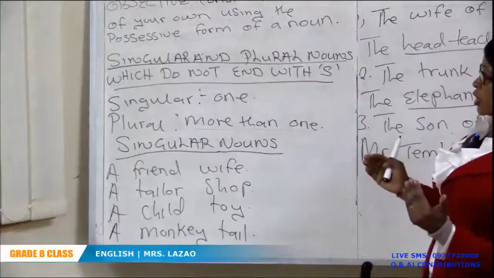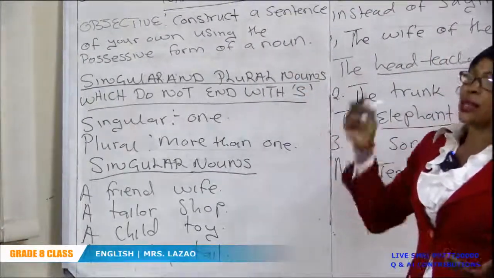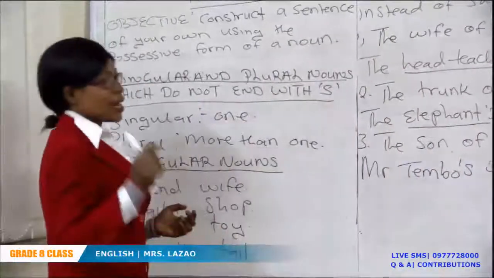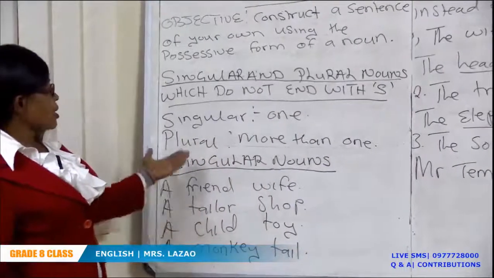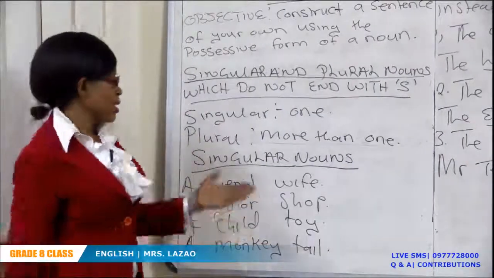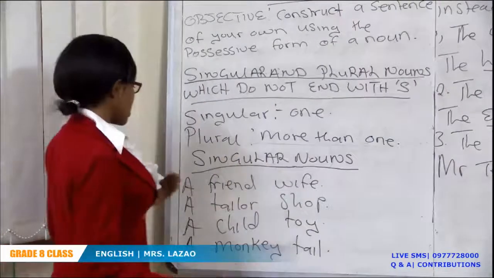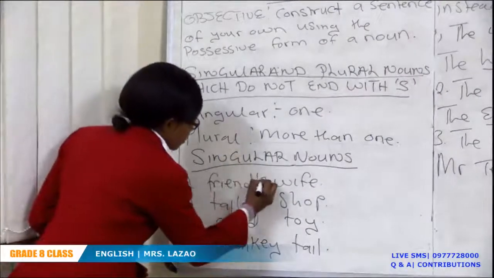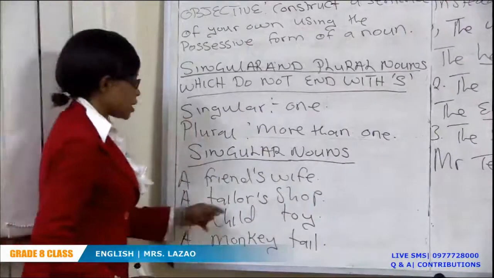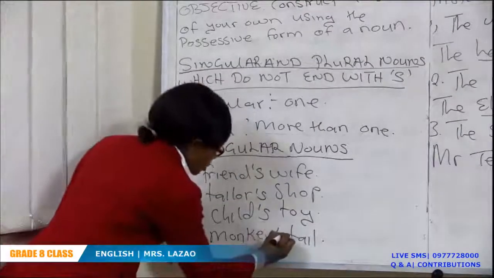How do we show possession? From the beginning, as I earlier explained, we add an apostrophe and an S, because these are singular nouns which do not end with S. So we'll say a friend's wife, a tailor's shop, a child's toy, a monkey's tail.